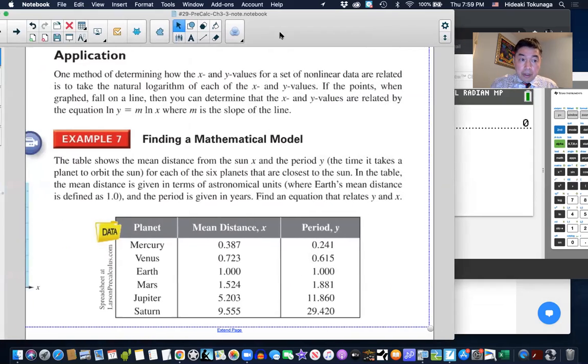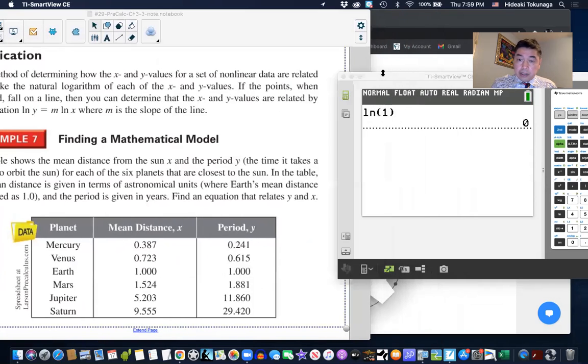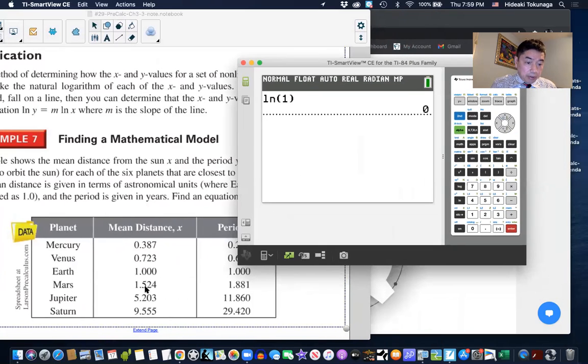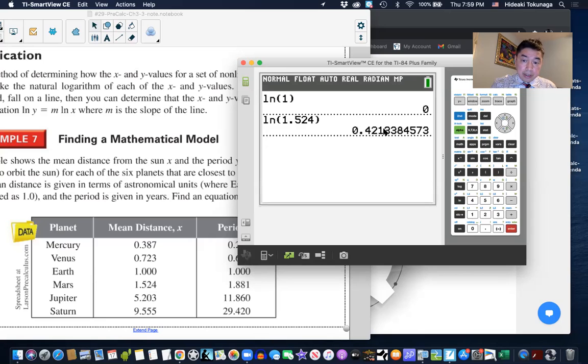Let's think about Mars. You plug in natural log of 1.524 for the distance, and instead of 0, the natural log value is 0.42.